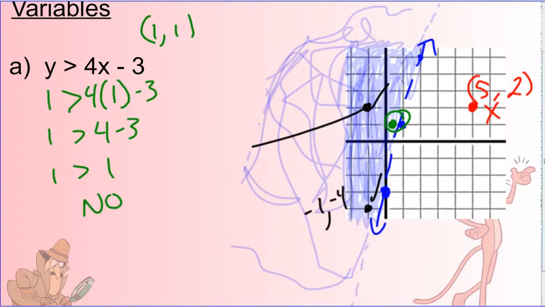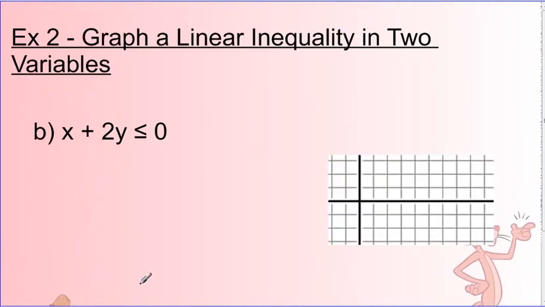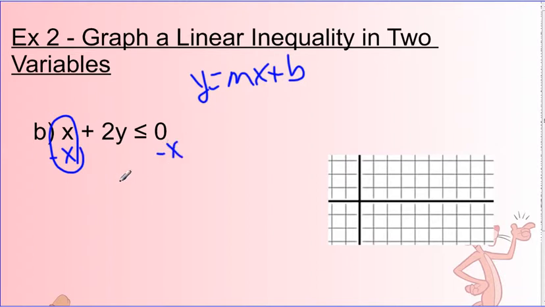Let's see a second example. Here we have this inequality. The first thing that I want to do is I like graphing using slope-intercept form. So I want to get the y by itself and everything else on the other side. So I'm going to start by subtracting x. Get rid of the adds and subtracts first.